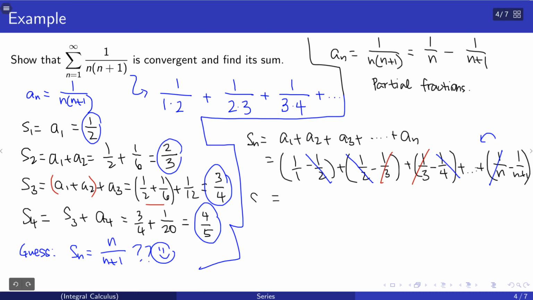So S sub n is just going to be equal to 1 minus 1 over n plus 1. In fact, this is equal to n over n plus 1. Aha! We can remove the question marks here now and just keep the smiley face, because this is now proven to be true.